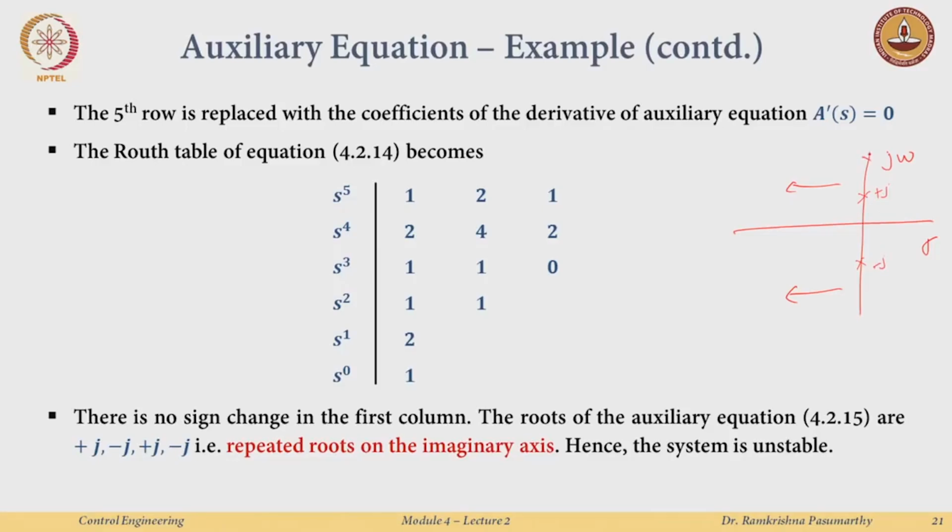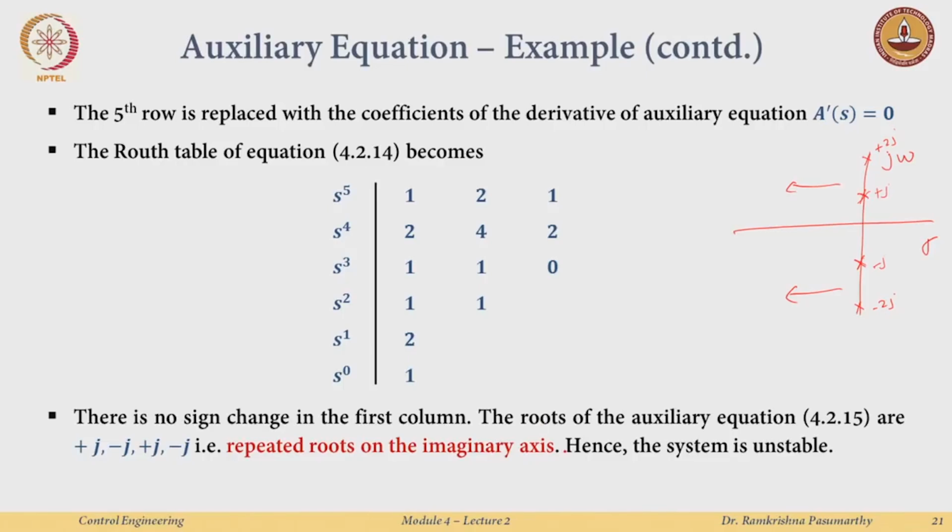If I had something like plus 2j, minus 2j, this was also marginally stable. But if I had repeated roots like this, plus j, minus j, then we derived that these roots actually lead the system to instability.